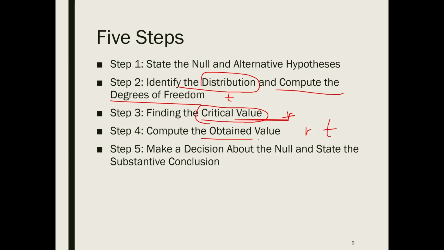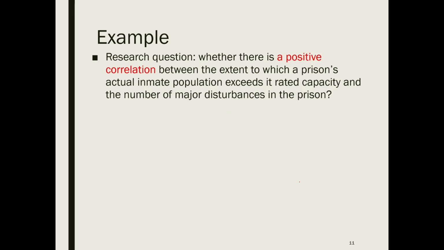In step 4, make a decision about whether there is a significant relationship between the dependent variable and independent variable. It depends on comparing the critical value of t and the obtained value of t. Whether we reject or accept the null hypothesis is based on the results from step 3 and step 4. So let's take a look at an example.